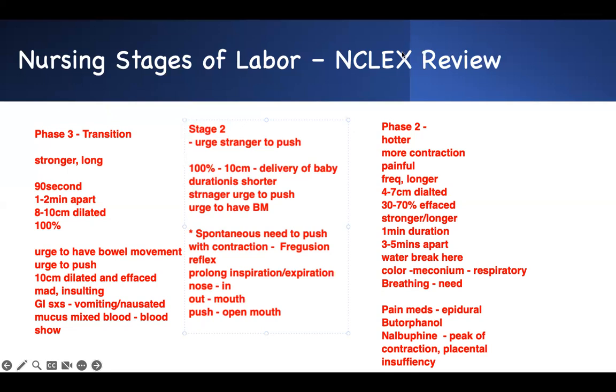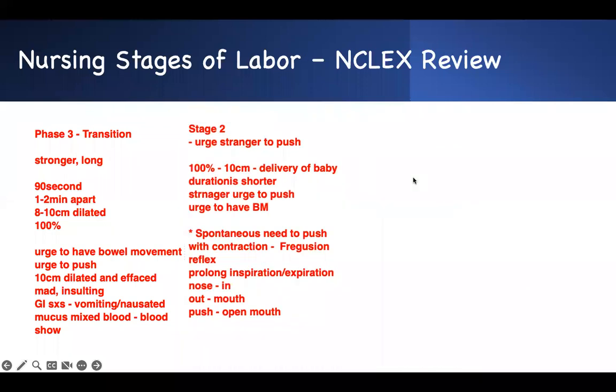If you are inducing them and they are on Pitocin, I want you to watch for this. There should be no more than 5 contractions in 10 minutes. The duration of the contraction should be less than 90 seconds.